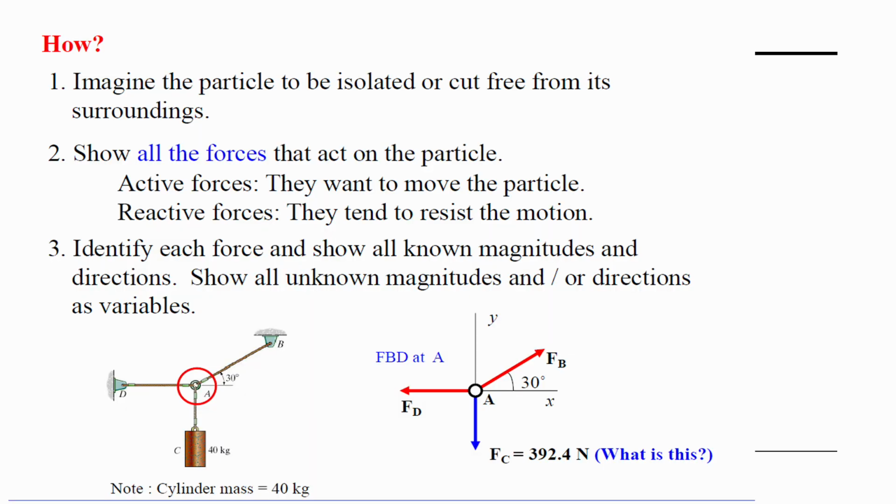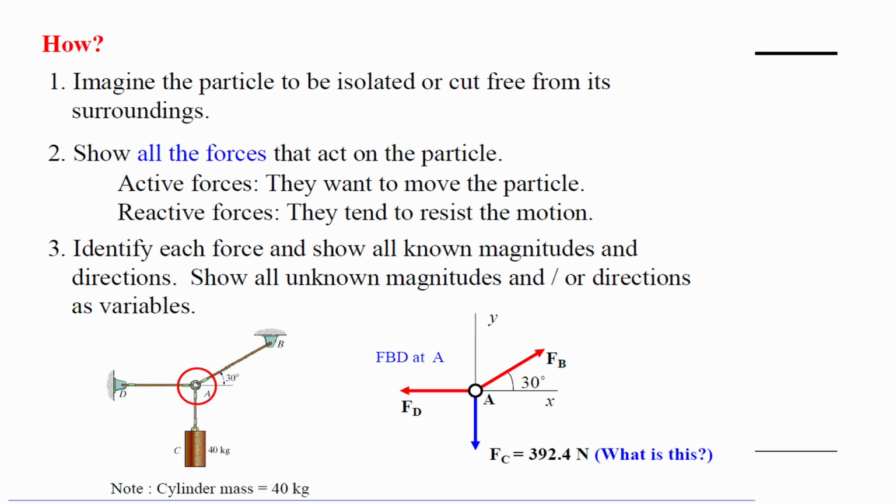So how do we draw a free body diagram? Firstly, we need to imagine the particle to be isolated or cut free from its surroundings. So we need to show all the forces that act on the particle. We have active forces, they want to move the particle, and we have reactive forces, they tend to resist the motion.